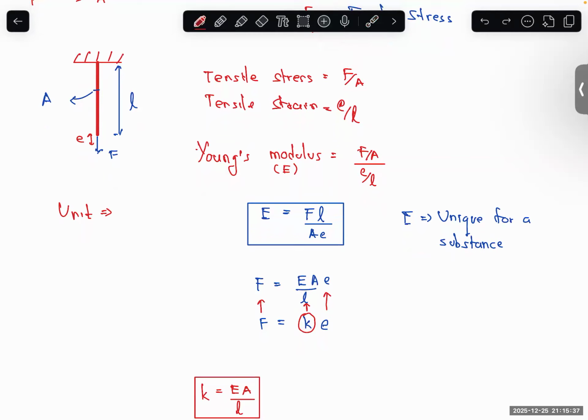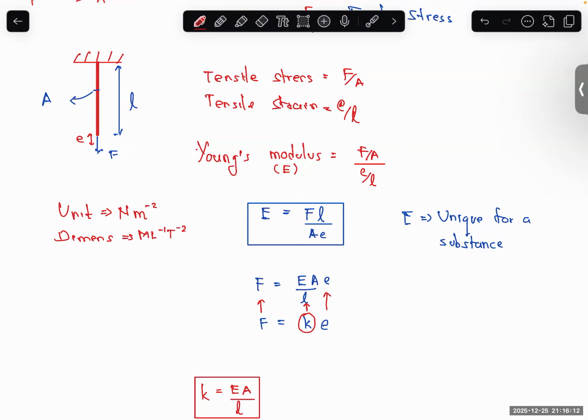So units of Young's modulus will be units of stress. So it will be Newton meter minus 2. What is the dimensions? M L minus 1 T minus 2. So it's M L T minus 2 for force divided by area, sorry, L squared. So therefore it will be M L minus 1 T minus 2. Okay?